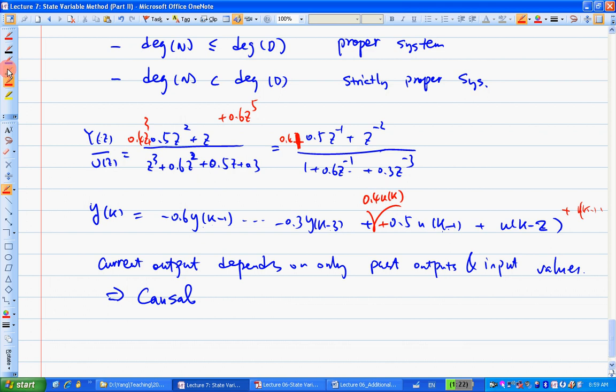So here's what I want you to do. For this simple one here, practice defining the state variables with reversed order.